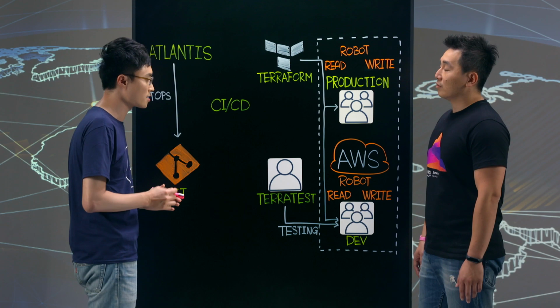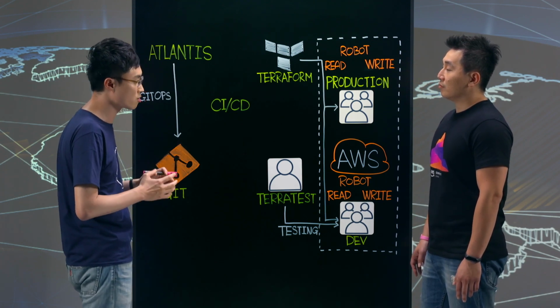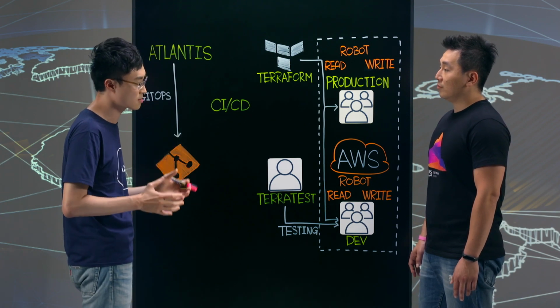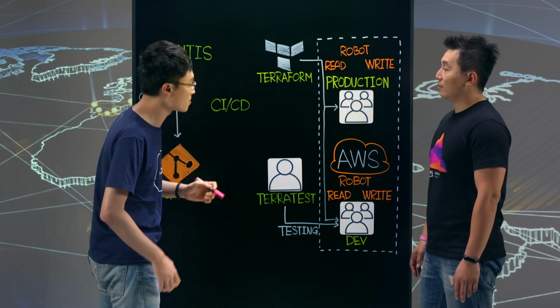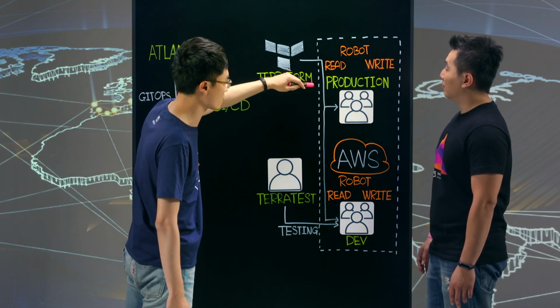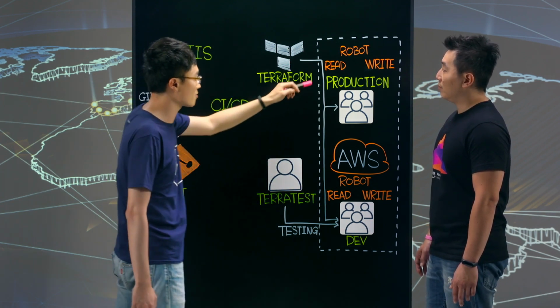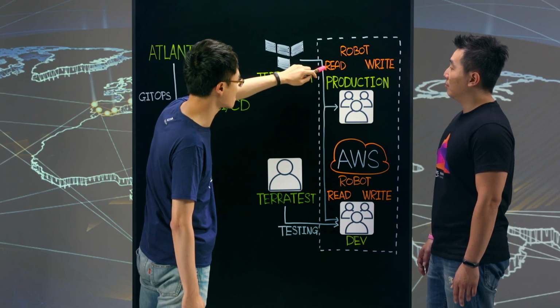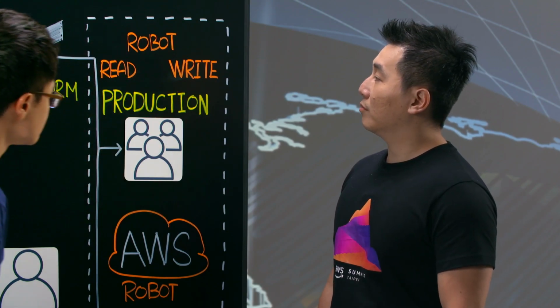Yeah, you can imagine it's just like developers of general applications, they separate different environments for production and development. For the infrastructure as code architecture, we do the same thing, but we separate by different AWS accounts, like production and development. And in each AWS account, we have three roles. One is read-only, another is rollback, and the other is write.